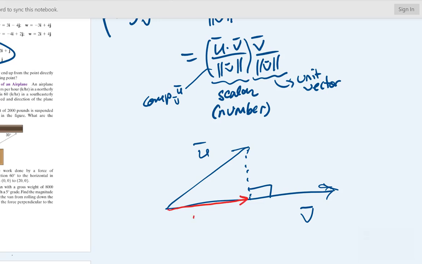So this is the projection of u onto v. This number in front, the component, that is the length.